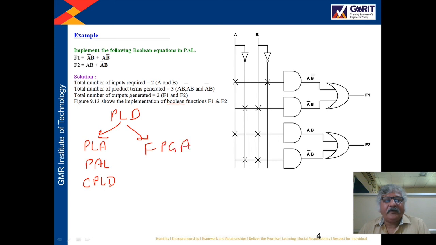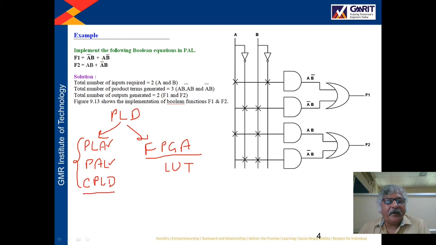The difference is that in FPGA there is no AND plane and no OR plane. The basic element to implement the logic is the LUT, lookup table. Whereas in these three cases, there is a programmable AND plane and a programmable OR plane. We have seen in PLA that the AND plane and OR plane are both programmable. In PAL, the AND plane is programmable, but the OR plane is not programmable.